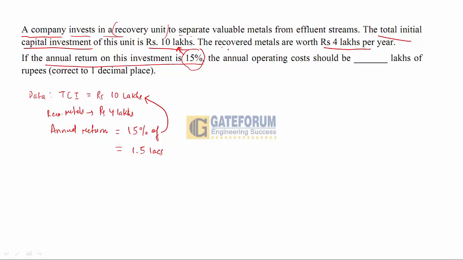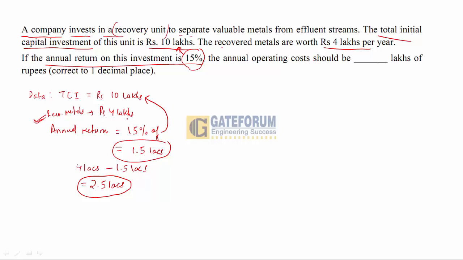But it said that the recovered metals are worth rupees 4 lakhs a year. It said in our question that the recovered metals were worth 4 lakhs, but again it is saying that the annual return is 1.5 lakhs. So out of these 4 lakhs, 1.5 lakhs was our actual return. So the difference of these two, which is 2.5 lakhs, went into some annual maintenance or annual operating costs of that plant, isn't it?